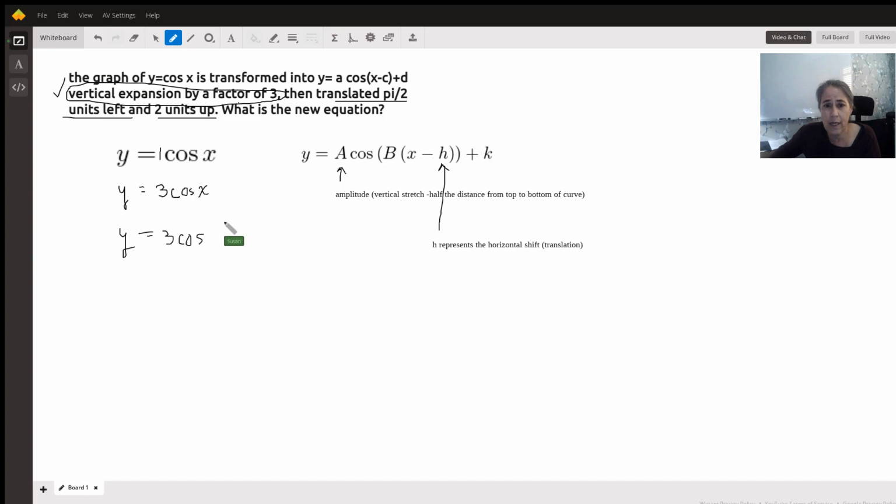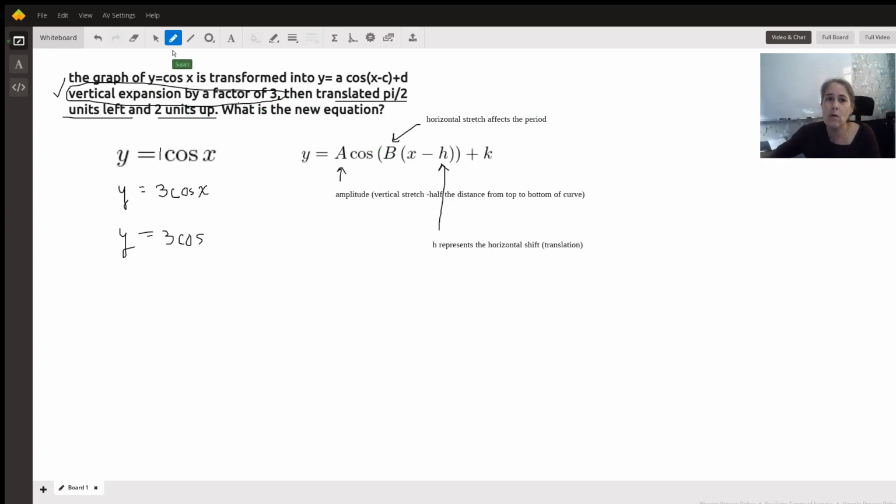We have the cosine. Now this number, B, your problem does not have, but it's part of the standard form, and it represents a periodic change. It's a horizontal stretch, which affects the period, the distance it takes horizontally, but this is not in your problem.